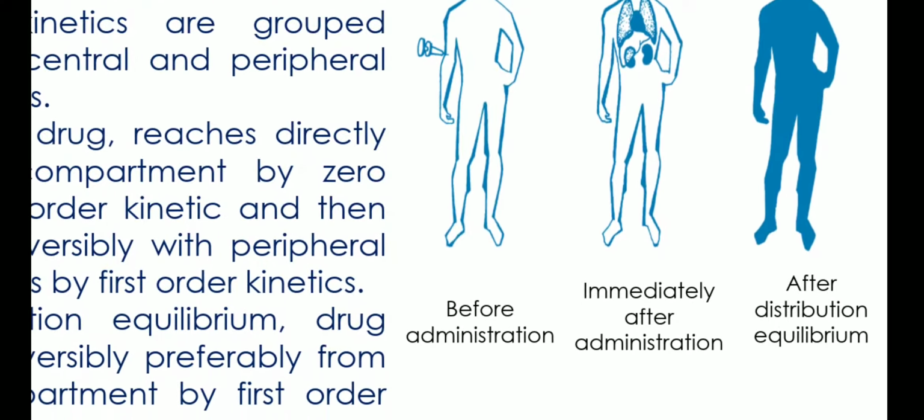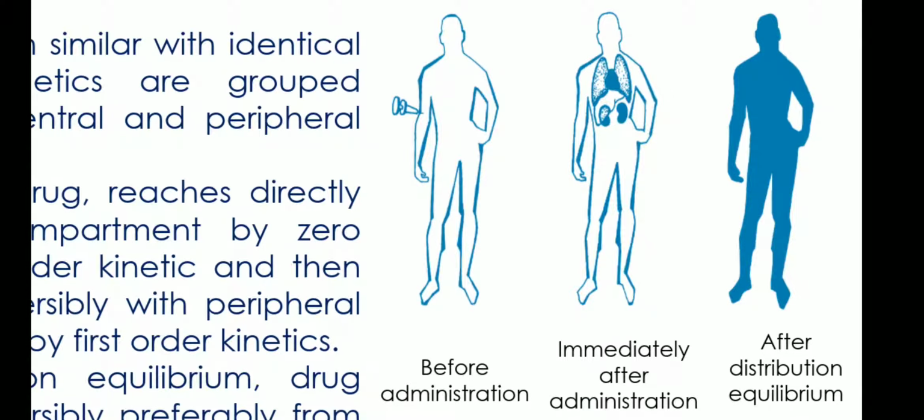So in this image, when drug is administered into the body, initially it gets distributed in the central compartment or highly perfused tissues, blood and blood plasma, along with the lungs, liver, kidney, etc. And then after that it gets distributed in the whole body or other tissues, like the shallow peripheral tissues or deeply situated tissues.